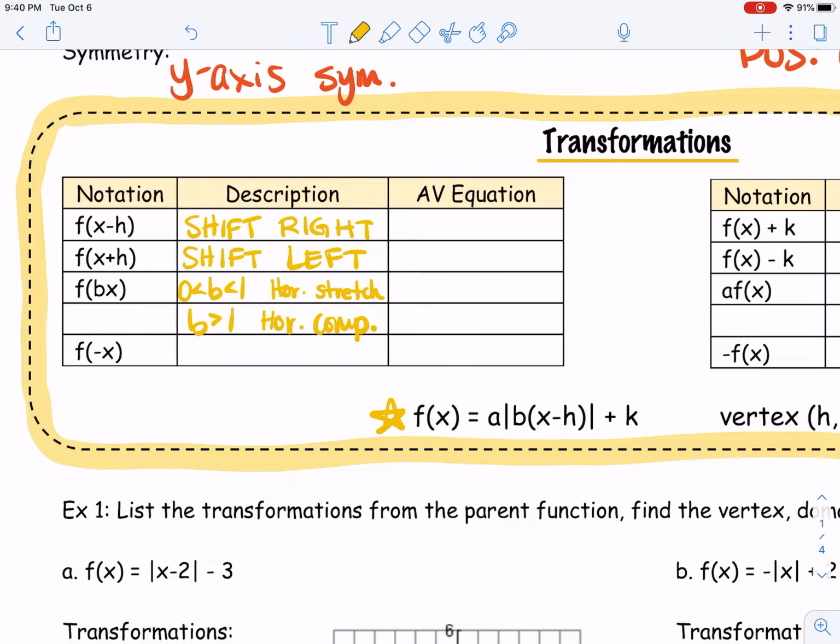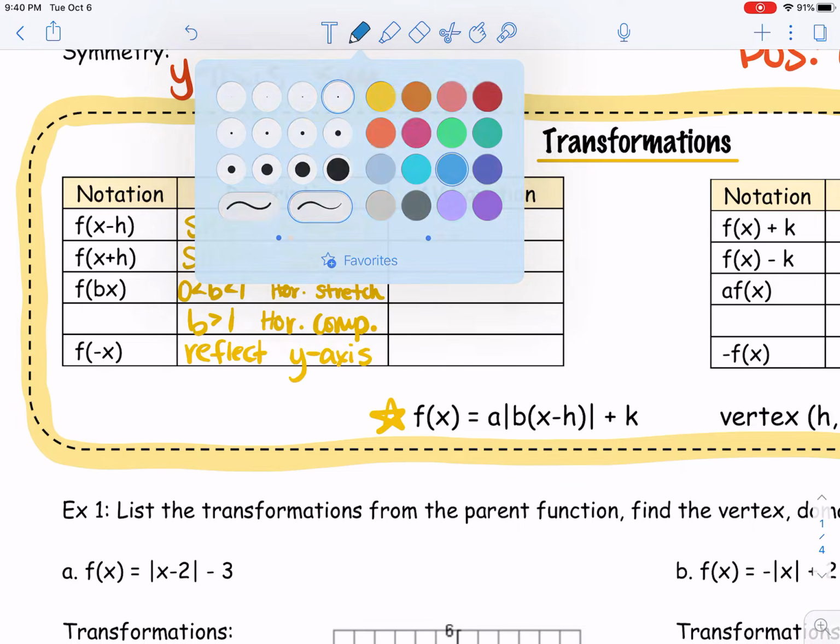When I divide by a number bigger than 1, I get smaller. When I divide by a number smaller than 1, I get bigger. And then the last thing is when I see that negative on the inside, I know I am reflecting over that y-axis.